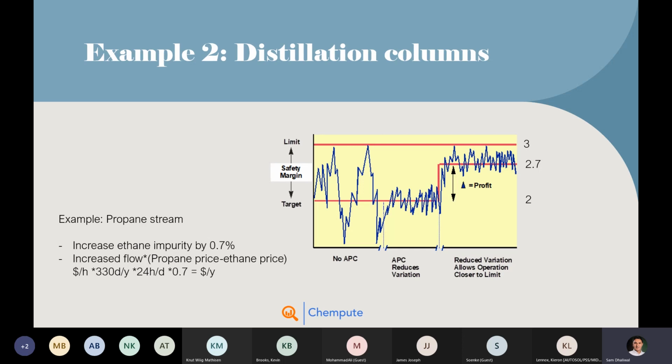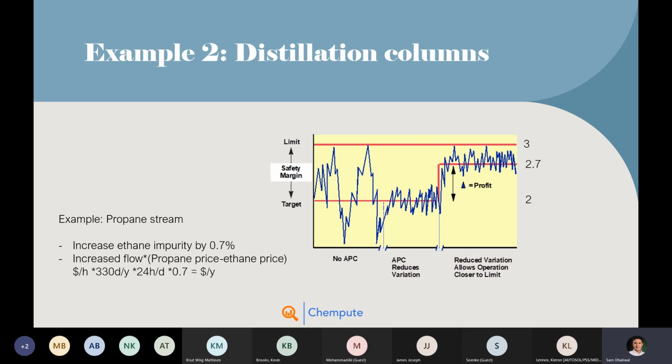You might have lab values, or you might even have an analyzer. And you can look at the average and standard deviations, and you can assume a reduction of 30-40% in standard deviation, and calculate what this delta would be. And then relate that 0.7% to an increased flow of propane.